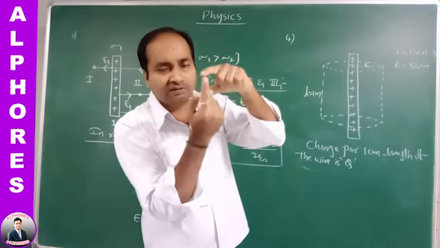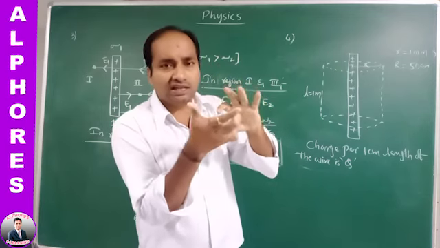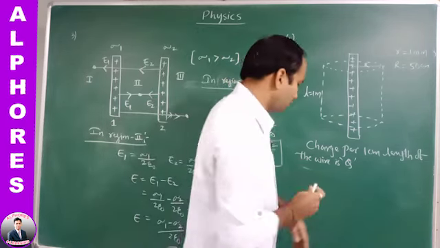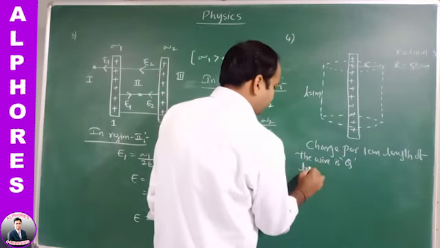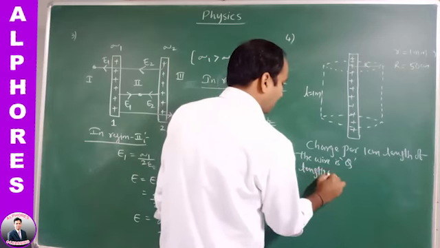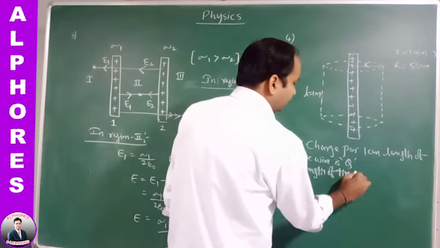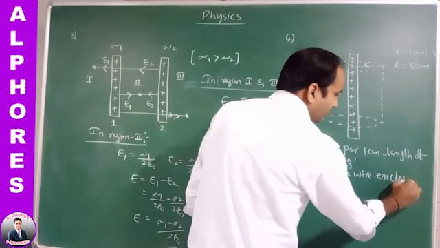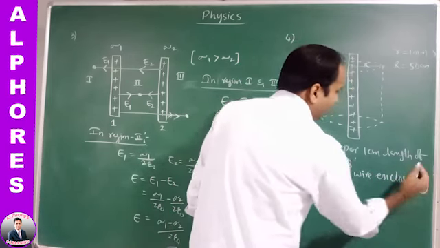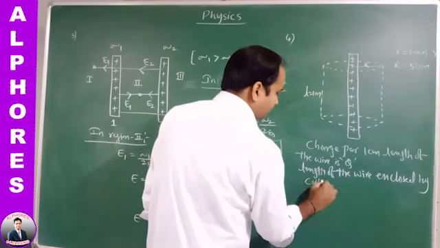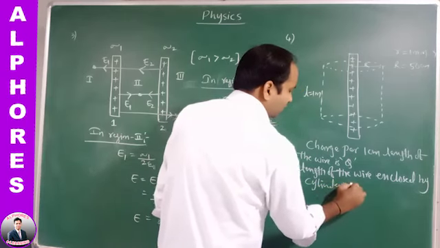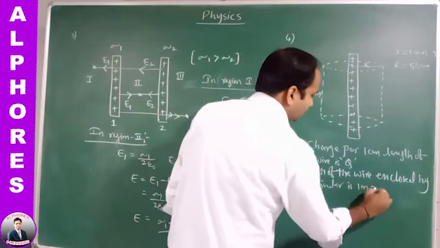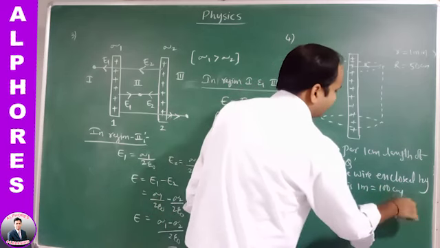The length of the wire enclosed by the cylinder is 1 meter, that is 100 centimeters.